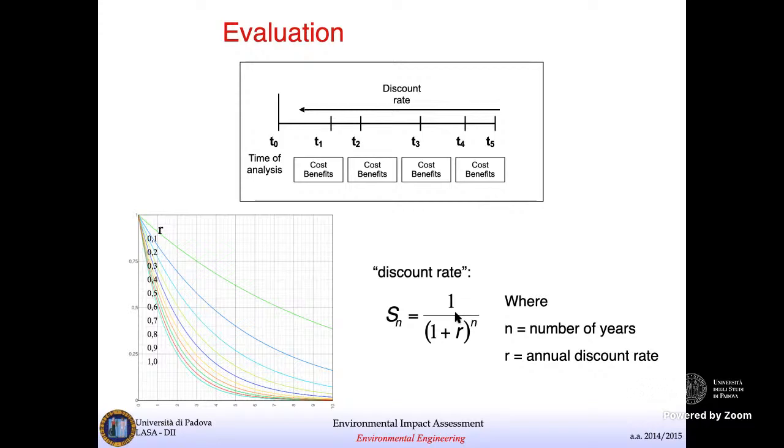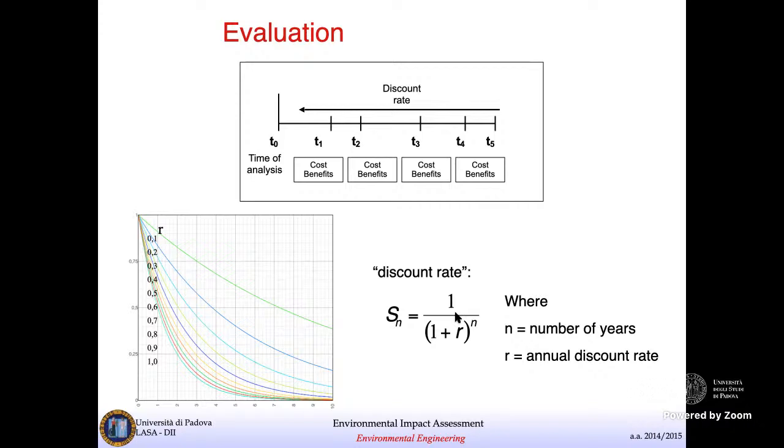If I ask you what is the discount rate today, tasso di sconto in Italian, or what is referred to by economists as the cost of money, today, 2021, the cost of money is very low. So the discount rate is between 0 and 1.